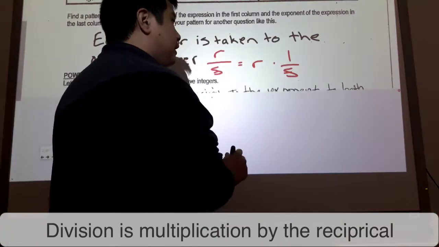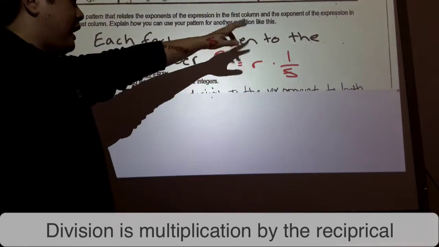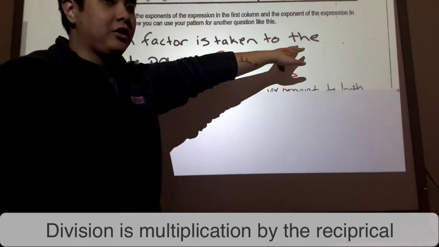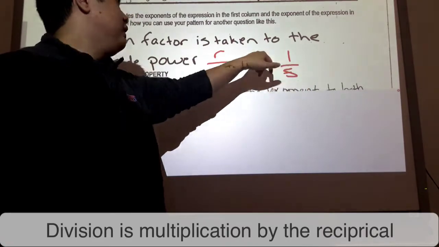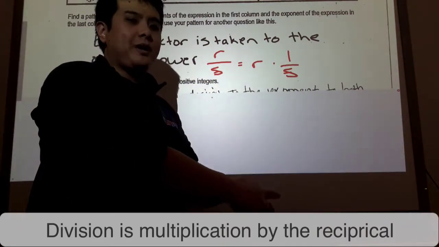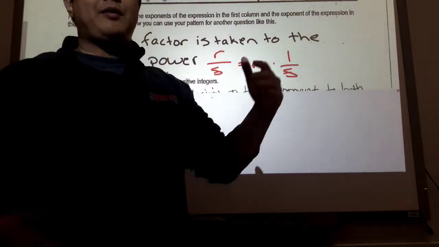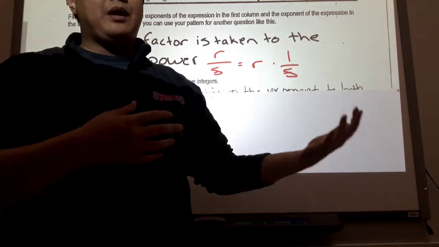If I were taking r times 1 over s to the third power, this would be taken to the third power, which is 1 over s cubed, and this would be taken to the third power, which would be r cubed. Then you multiply those together, and this is what you get. Remember that multiplication and division are the same thing.